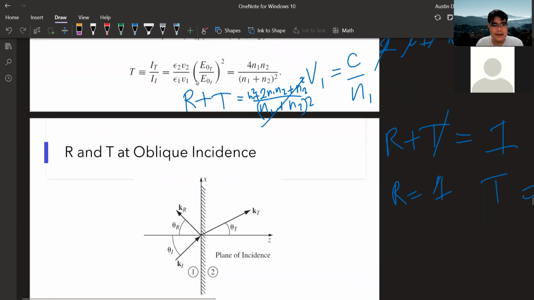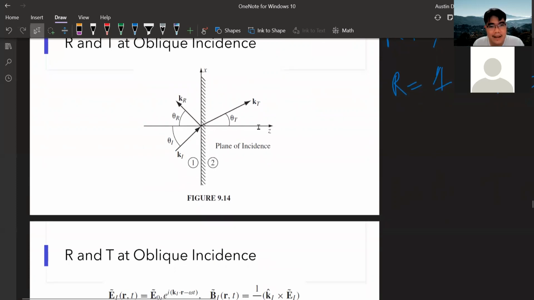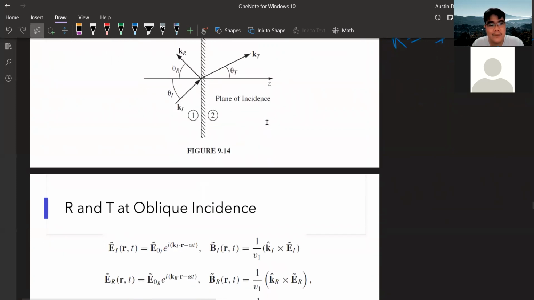Ibig sabihin, meron tayong tatlong propagation of light, yung Ki, Kr, and Kt. Tumama siya at some angle, incident angle theta i, then reflect siya with an angle theta r, then yung transmitted would be theta t. Yung angle niya with respect to the line of propagation.